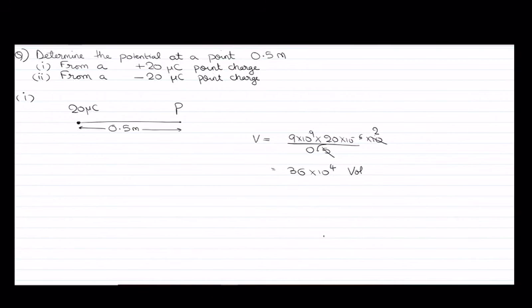So it will be 36 into 10 to the power 4 volts. This will be positive because the charge here is positive.